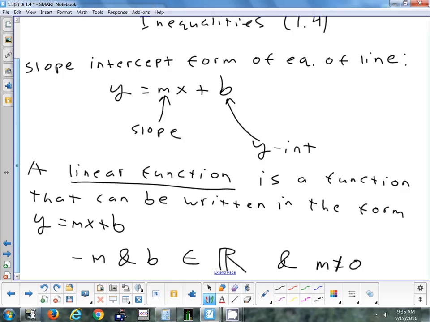The only number the slope can't be is 0. It's not that you can't graph it if the slope is 0. It's just that it's not called a linear function. If the slope is 0, we call that a constant function. It's a little different.